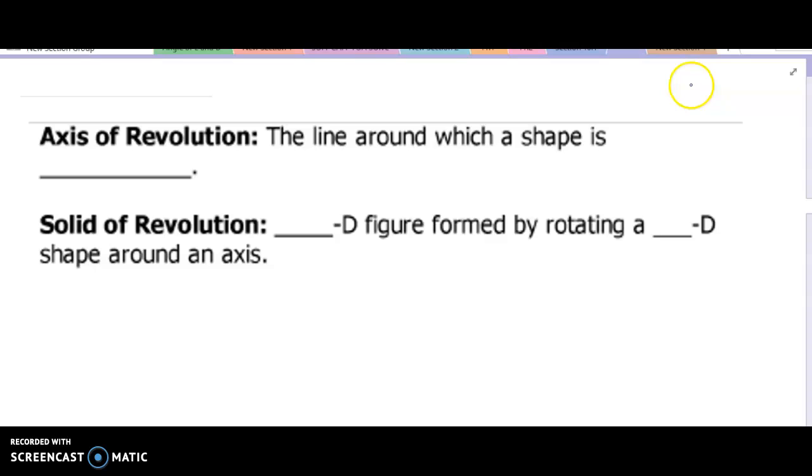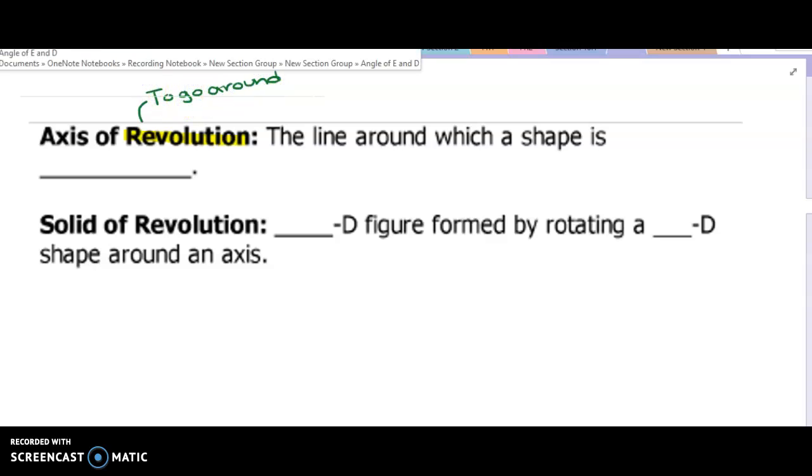All right, so we have a couple more vocab words. The axis of revolution and the solid of revolution. Okay, so think what the word revolution means. Revolution basically means to go around. So one time around completely.